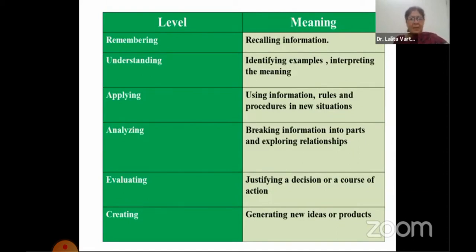The applying level focuses on using the information, rules, procedures in new situations. Analyzing refers to breaking information into different parts and exploring the relationships. Evaluating refers to justifying a decision or a course of action. And creating is generating new ideas or products.